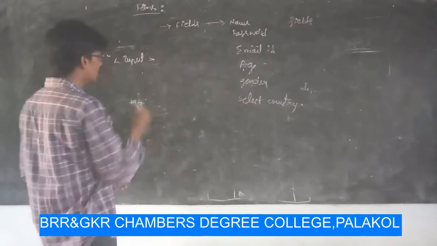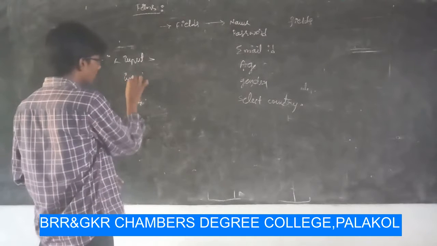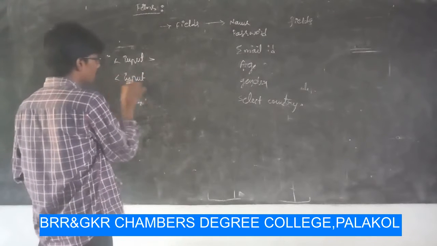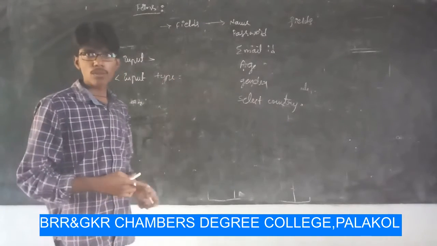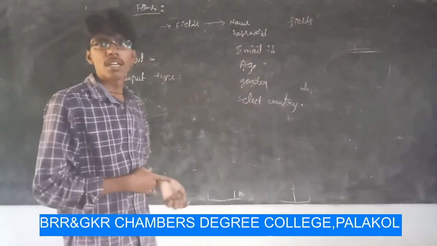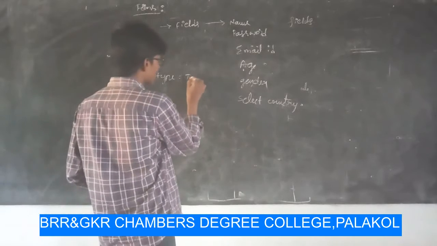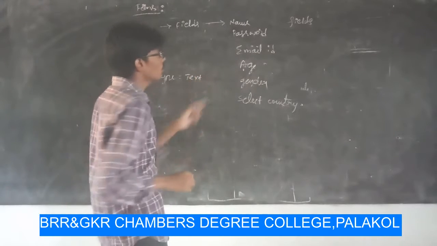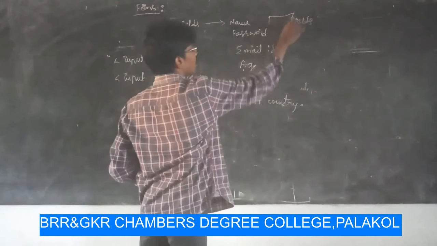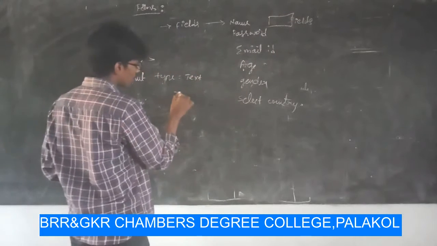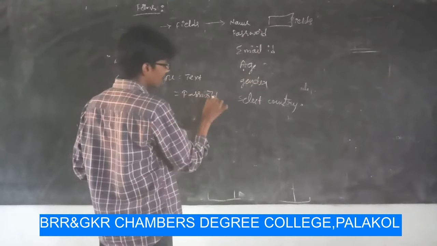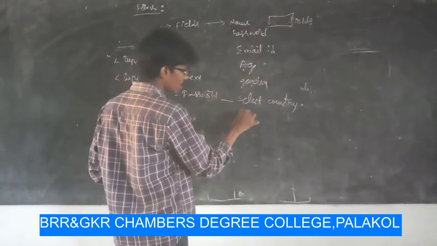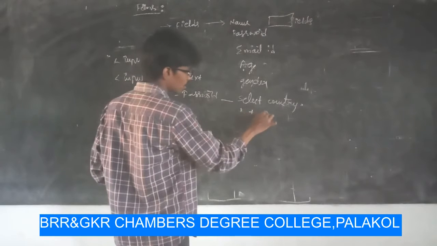There you mention different types of input field, type equal to whichever you require. The first one is text. That means you want to include a text field. After that, password, which is visible as star marks.